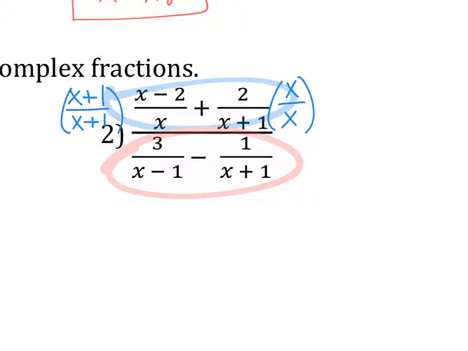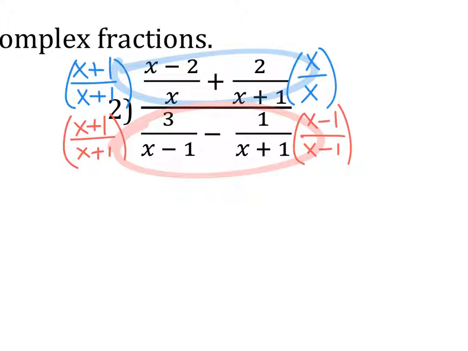No answer? What's the least common denominator in the red one? X plus 1? Yeah, x plus 1 times x minus 1. So this needs an x plus 1, and this needs an x minus 1. Okay, continue. Finish this problem.